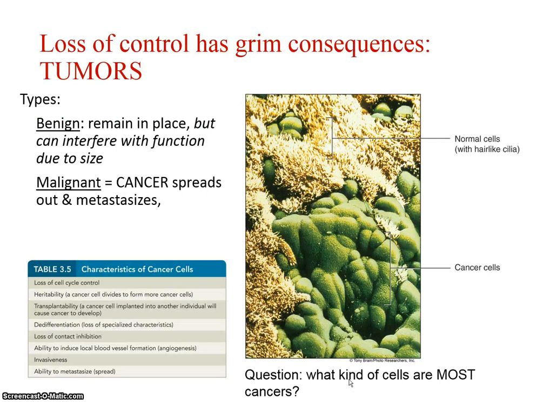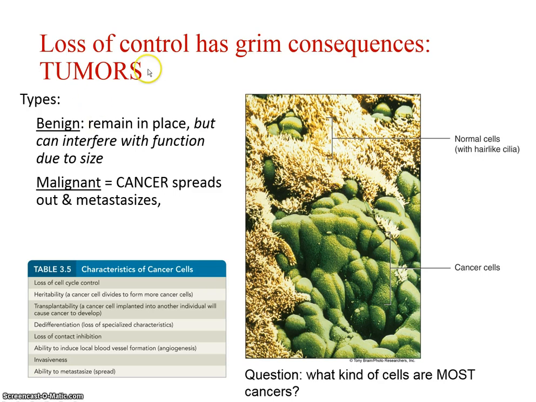All right. So here's the loss of control of cell cycle and tumors. Here are images of cancerous cells and the normal cells, and cancerous cells generally lose their organization. There are indicators, morphology and genetics you can use, and we do when we biopsy.